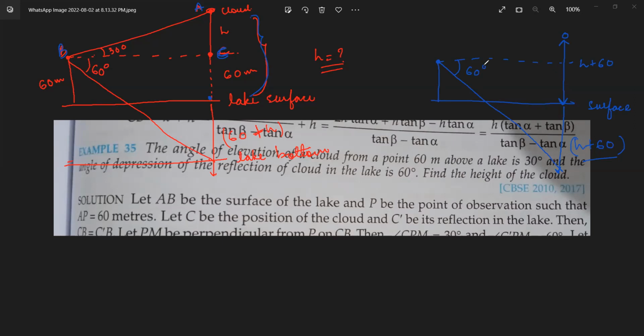Rest is all calculation. I think you will be able to find h somehow. Okay, one last question I want to share is this. This is also a good question.